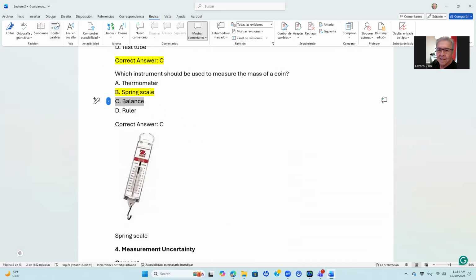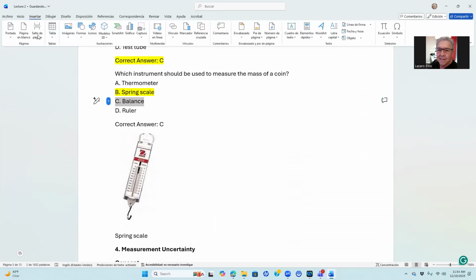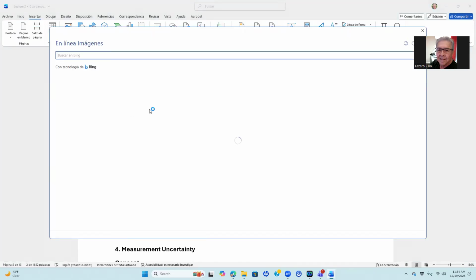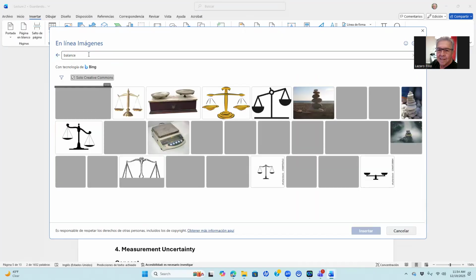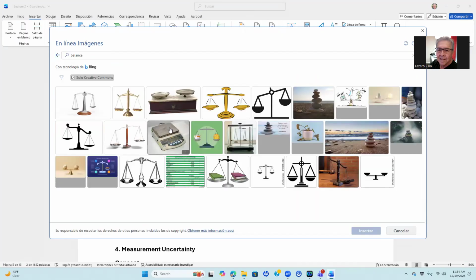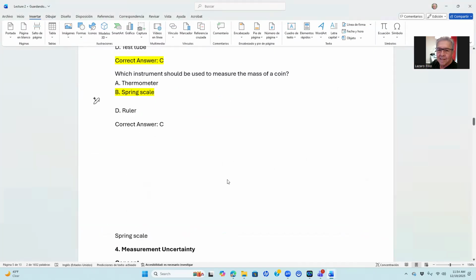Because in a balance, I'm going to show you a balance. A balance is an instrument where you can place the nickel or the penny, and then you can measure the weight of the penny.